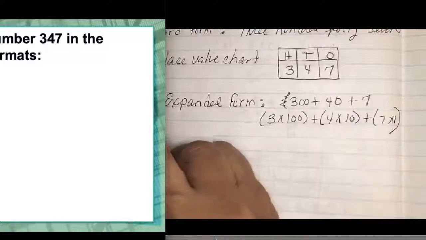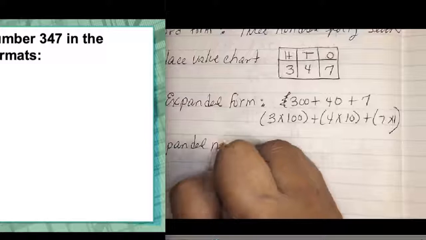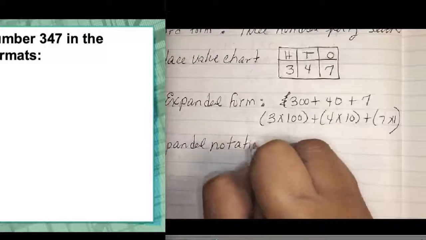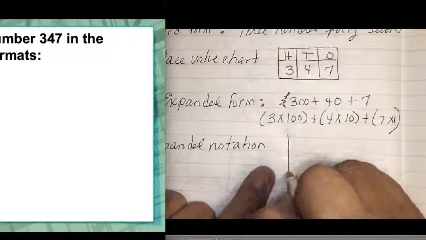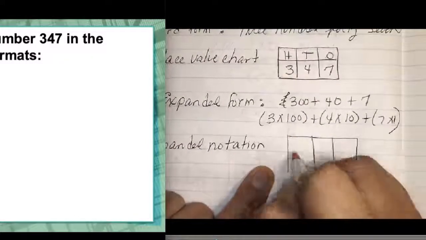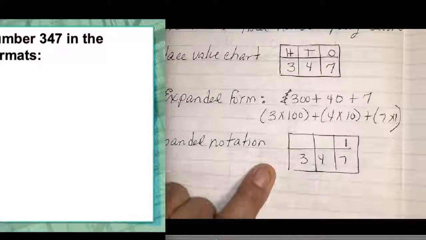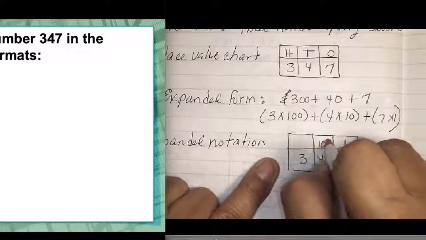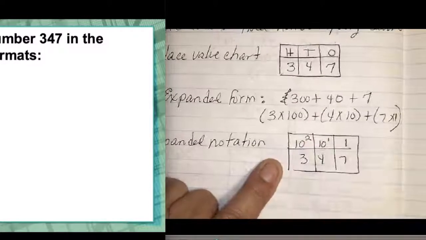In expanded notation, we write our exponents. Okay, I'll just do a separate little chart here since I ran out of room over there. Remember, we start with a 1, then we go to 10 to the first power, and then we go to 10 to the second power.